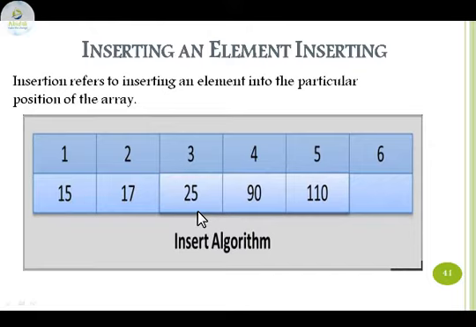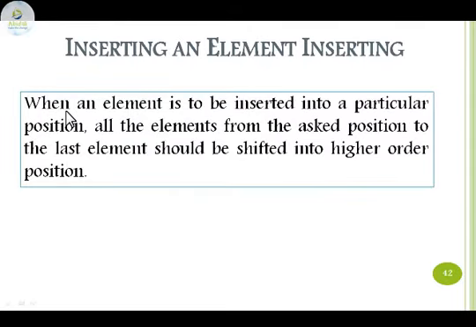Now talking about the process, when an element is to be inserted into a particular position, all the elements from that asked position need to be shifted to the last element into its higher order positioning.